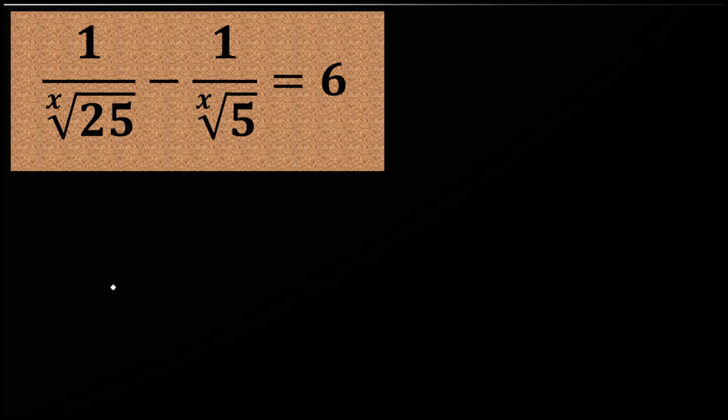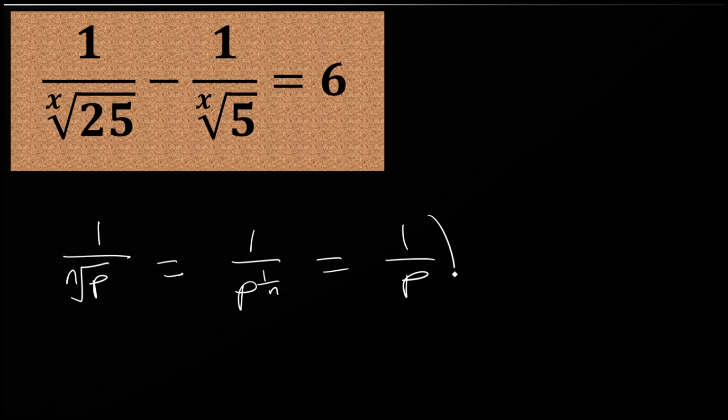Now, let's understand that 1 on the nth root of p is the same as 1 on p raised to 1 on n.